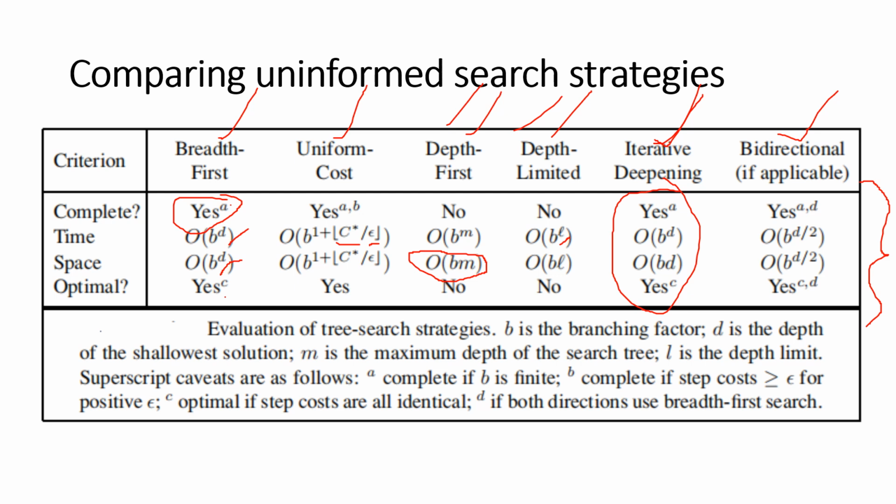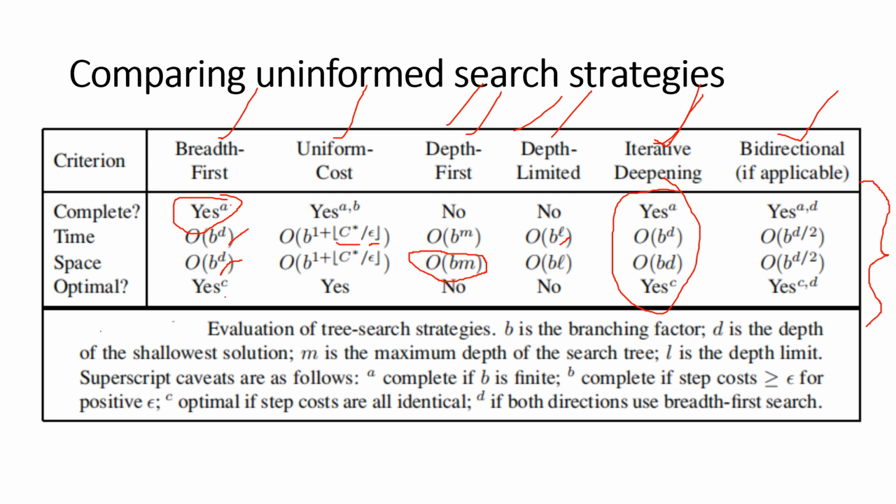So among uninformed search strategies, IDS provides a balanced solution, while the bidirectional search offers the fastest performance when applicable. So if the goal state is known and backward actions are possible, then bidirectional search will be the best one, because it offers fast performance.